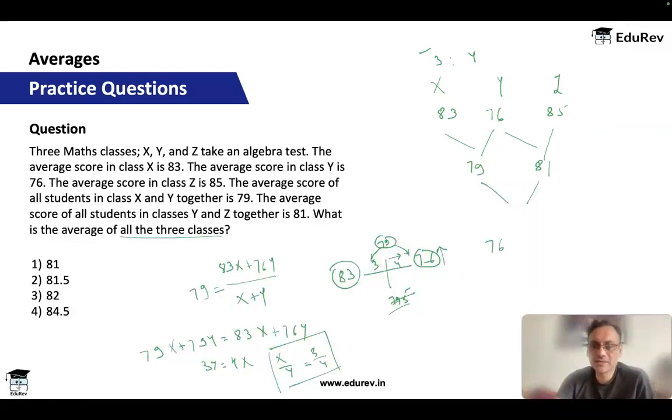Similarly, for 76 and 85, I am getting 81. So 81 minus 85 is 4, and 76 minus 81 is 5. So this is 4:5. It is already 3:4, so I don't even have to combine the ratios. It is 3:4:5.